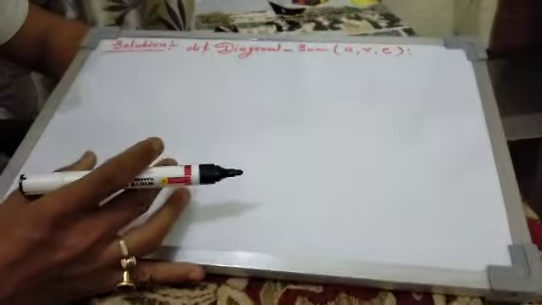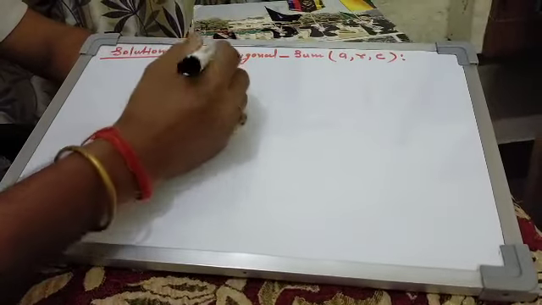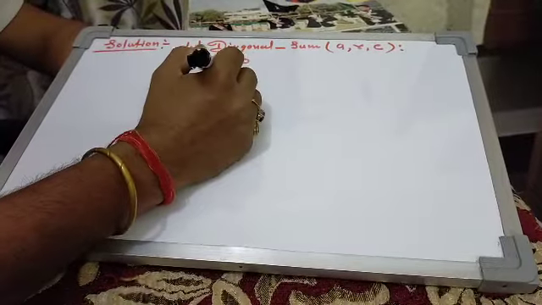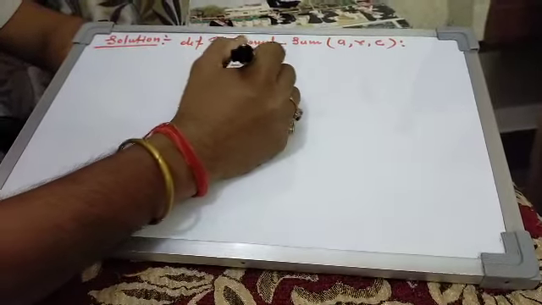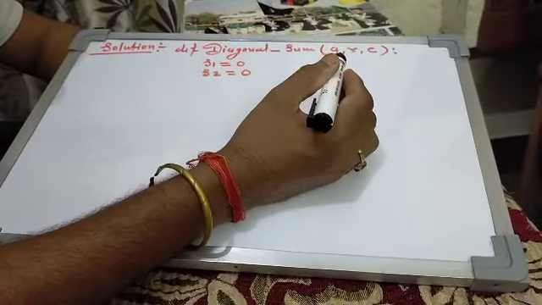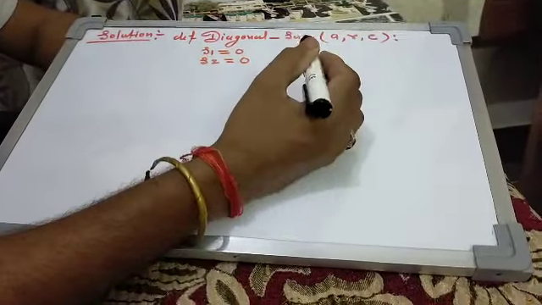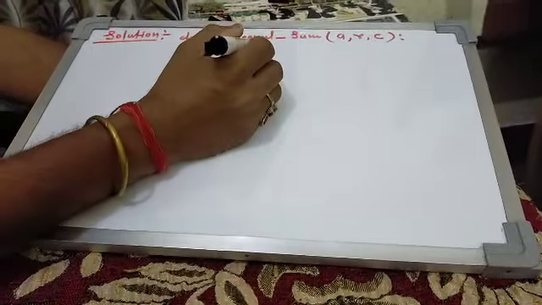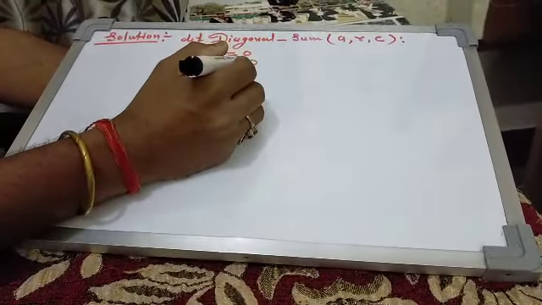Now we enter the function definition, that is the body of the function, and in the body we declare two variables, s1 is equal to 0 and s2 is equal to 0, where s1 represents the first diagonal from left to right and s2 represents the second diagonal from right to left. So this is the principal diagonal sum and this is the secondary diagonal sum.